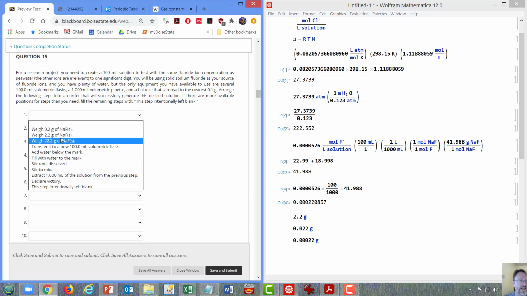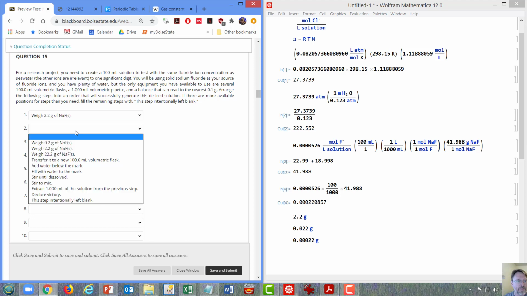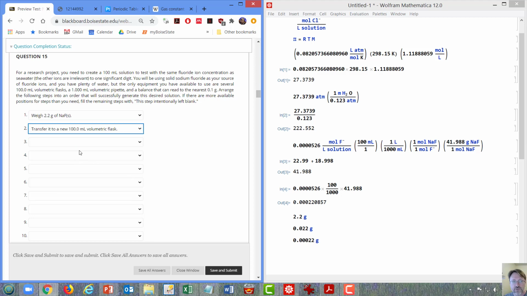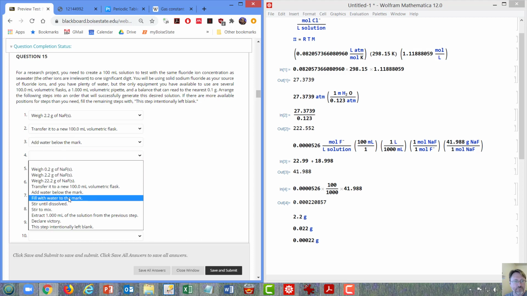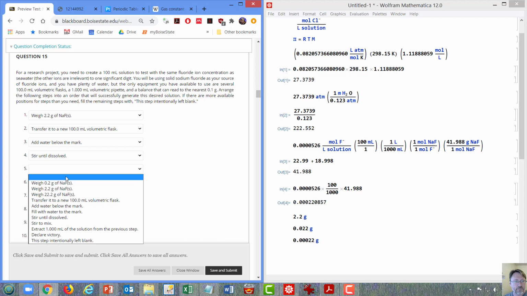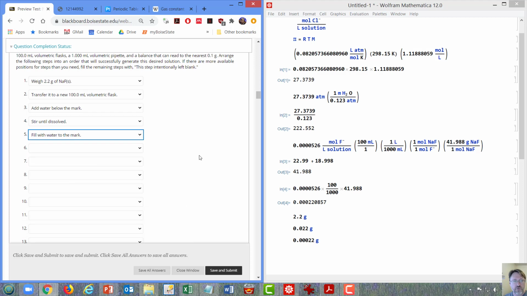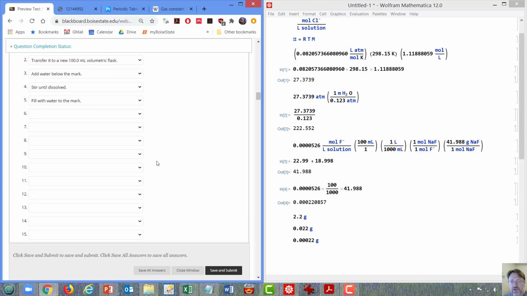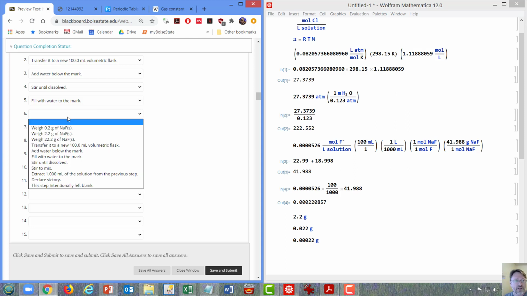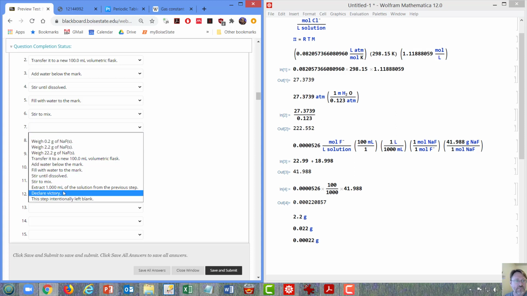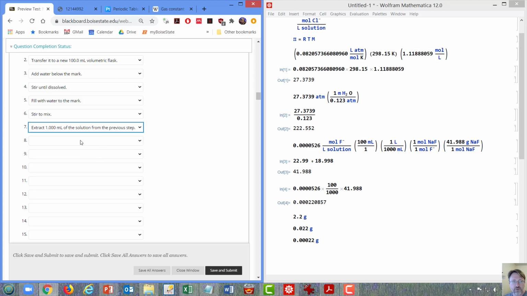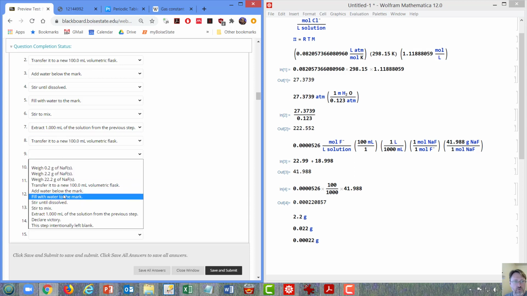So we weigh 2.2 grams. We transfer it to a new volumetric flask. We add water below the mark, stir until dissolved, fill with water to the mark so that we now have this first concentration that we need. We stir to mix. We extract a milliliter of the solution from the previous step, transfer it to a new flask, fill with water to the mark.